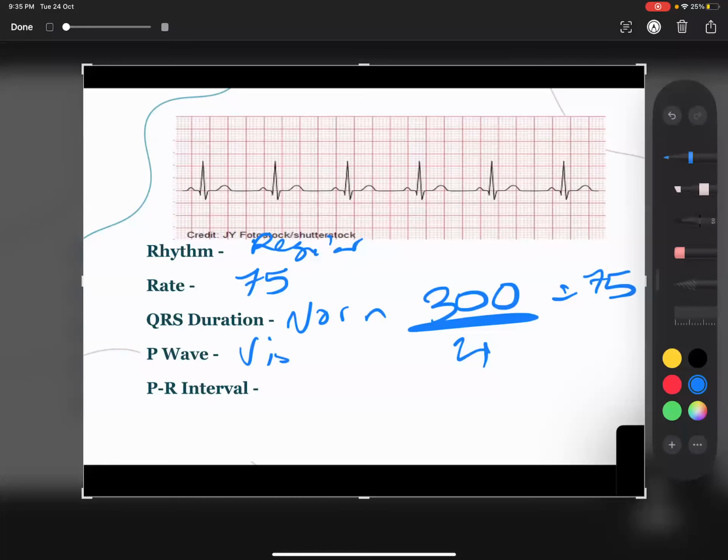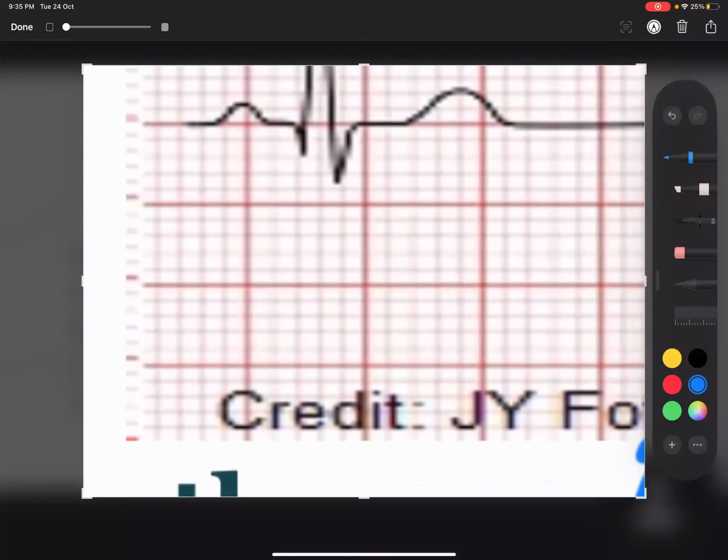Now the PR interval. How many small squares does a PR interval have to be for it to be normal? I used to think 3. It's usually less than 5. And if you look here, we have 1, 2.